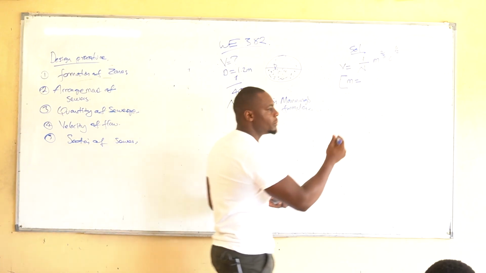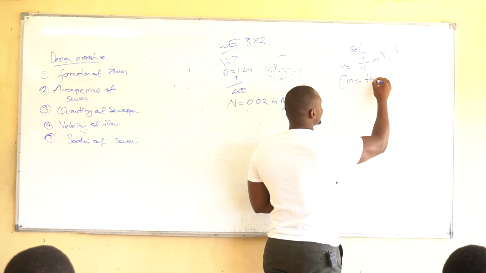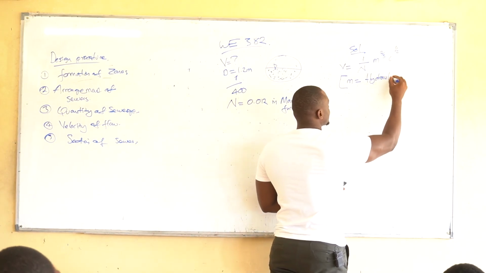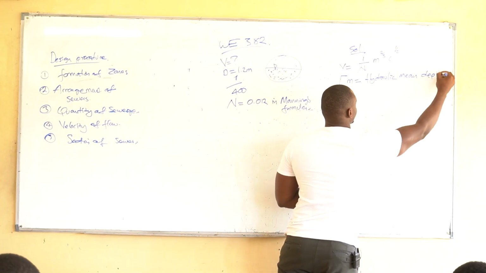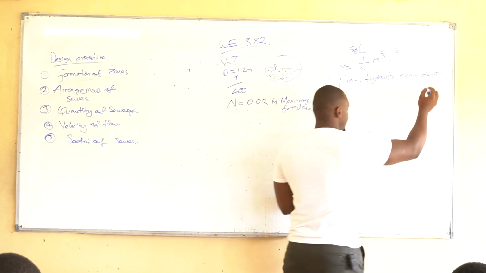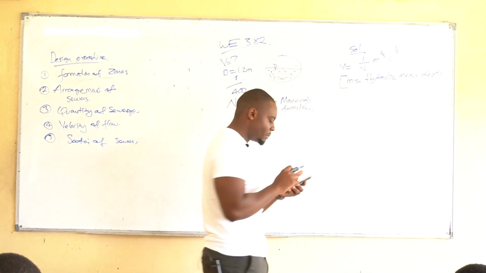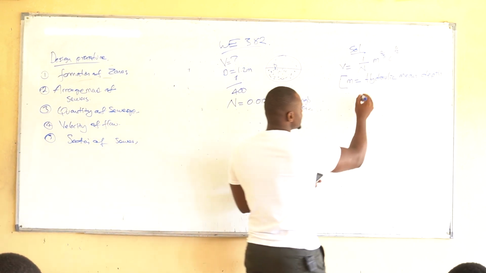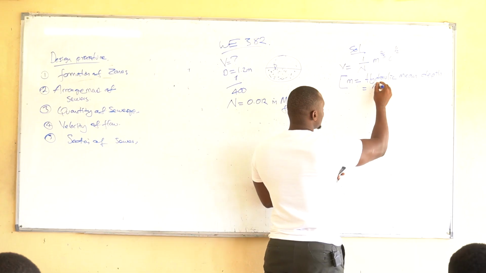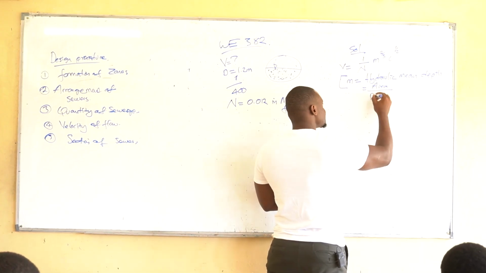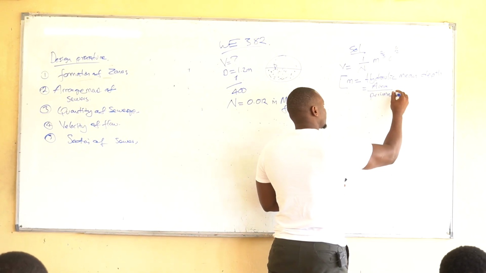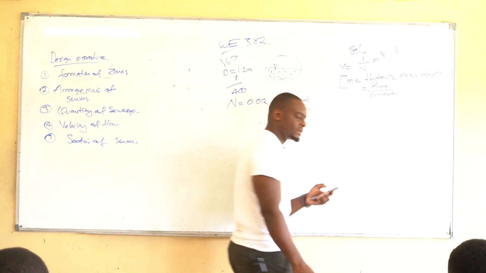Okay, so M is known as the hydraulic mean depth. How you find it is: you take the area of the pipe you're considering and divide it by the perimeter. When last did you hear this? Perimeter.